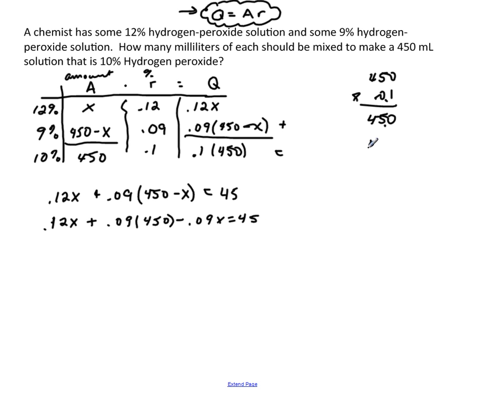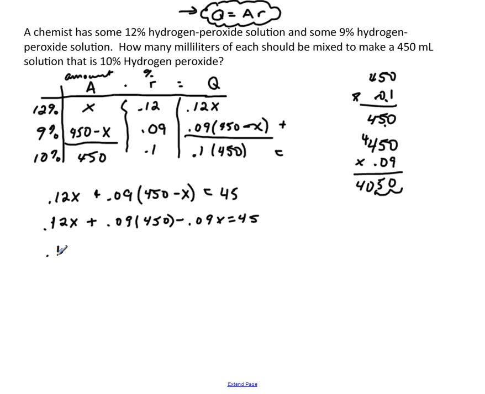If we take 450 times 0.09, what's going to happen? Well, 0 times 9 is 0. 5 times 9 is 45. We carry up the 4. 4 times 9 is 36 plus 4 is 40. We have 2 decimal places right here. We don't have to multiply everything by the zeros to know this. We just move that decimal place 2 places to the left, and that gives us 40.5.